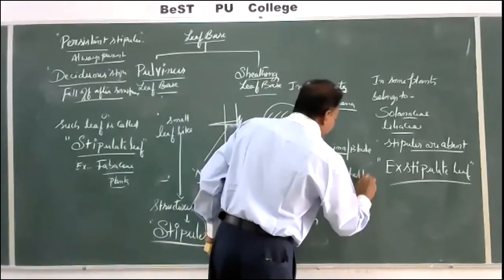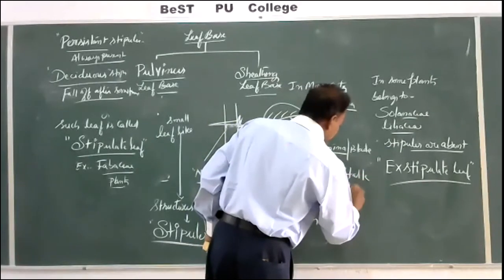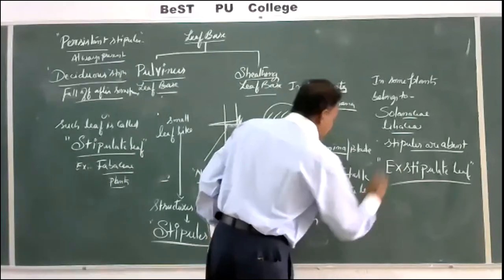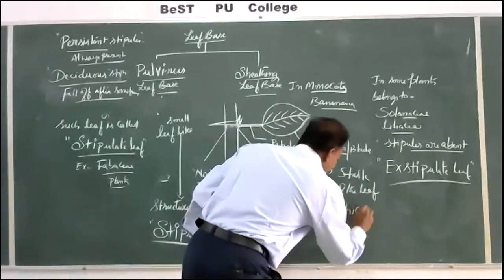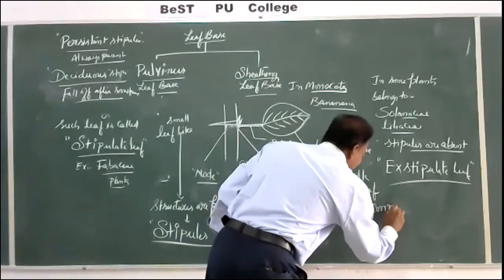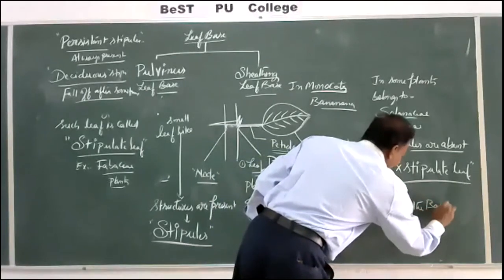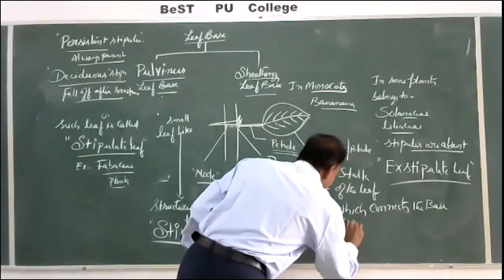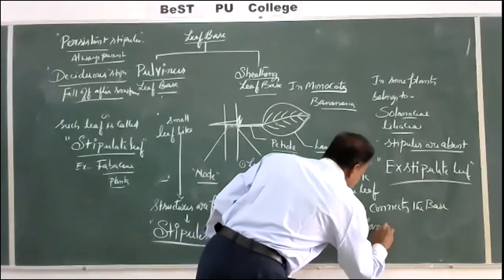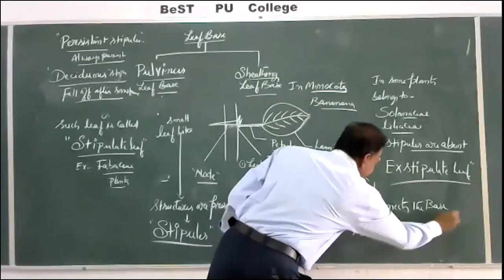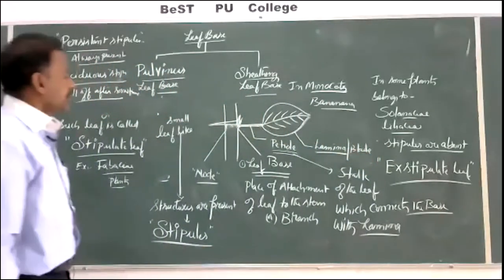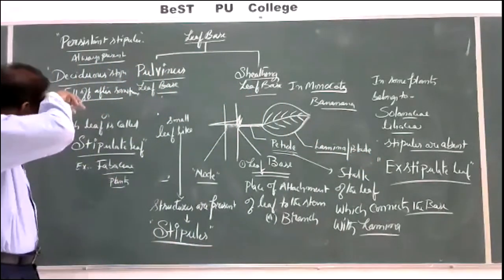stalk of the leaf, which connects the base with lamina. Petiole.